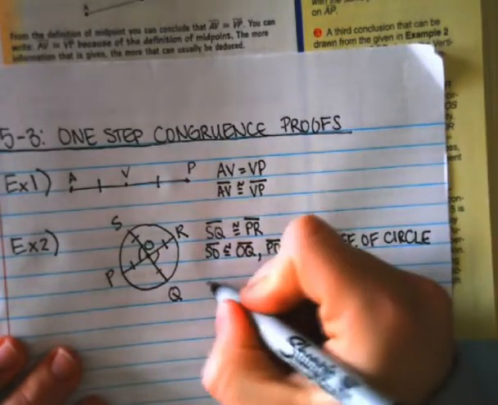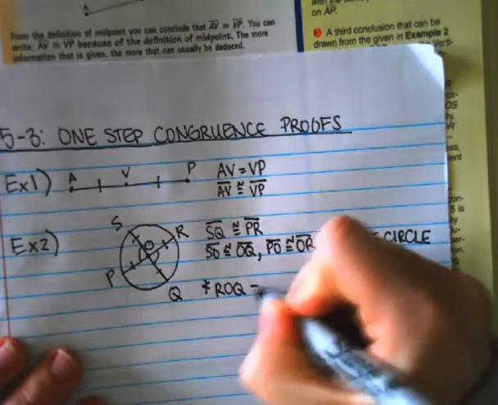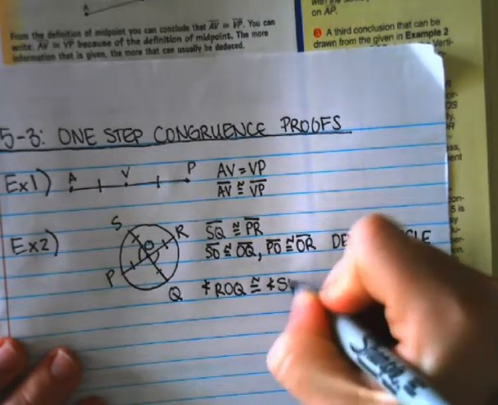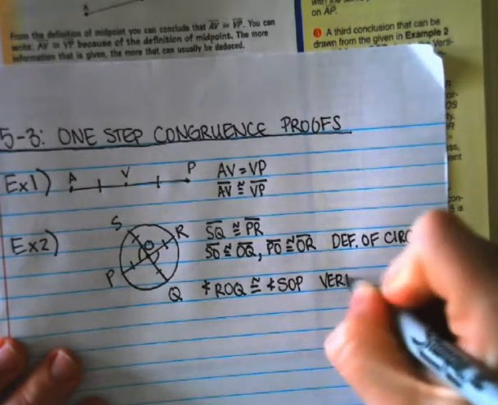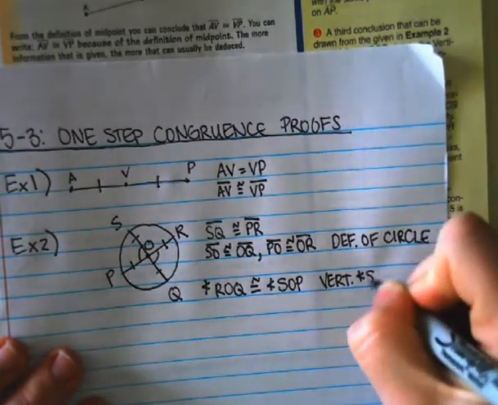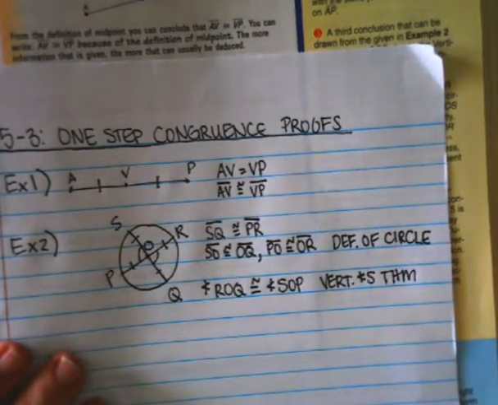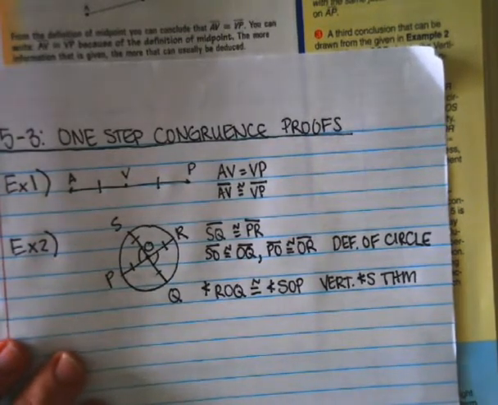So we would have angle ROQ is congruent to angle SOP by the vertical angles theorem. Okay, so we've deduced some things and we gave a justification for why we could deduce those things. All right, let's do some more practice.